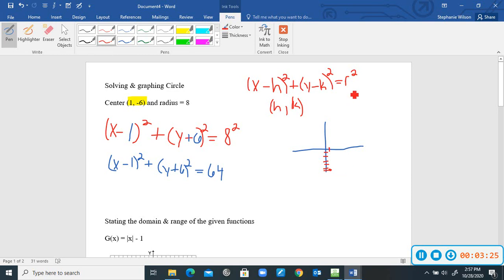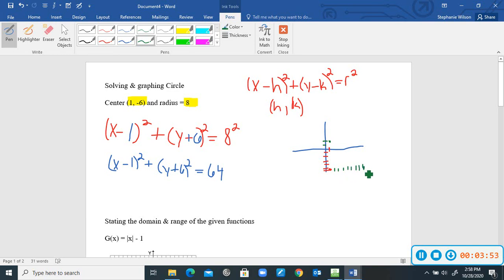The radius is telling me that it's so many places away from the center. So if I go to my radius and I notice it's 8 before I square it, then that means I need to go up 1, 2, 3, 4, 5, 6, 7, 8. So right here. I'm going to go back to my center and I'm going to go over 1, 2, 3, 4, 5, 6, 7, 8.